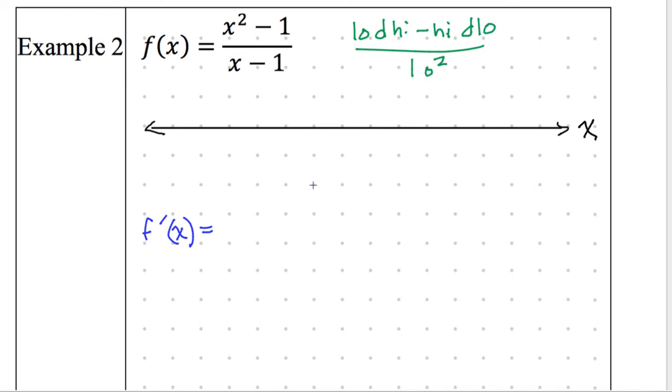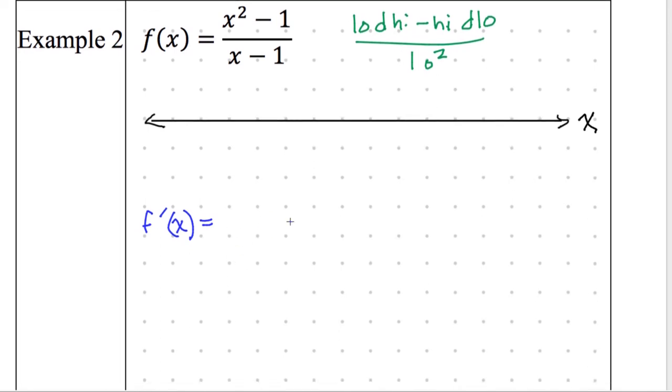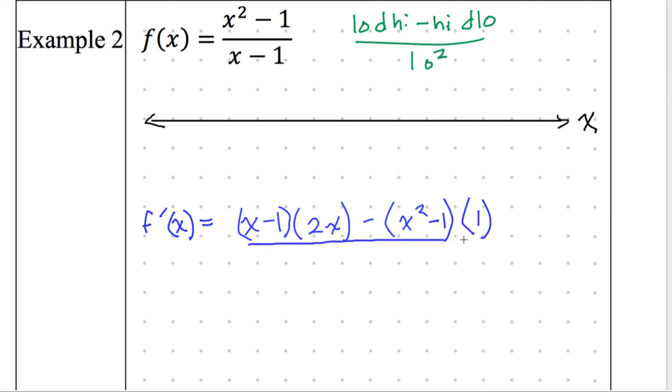And now you guys are still telling me what to write? x minus 1 times 2x minus x squared minus 1 times 1, all over x minus 1 quantity squared. And again, never FOIL these out, because it just makes it harder.